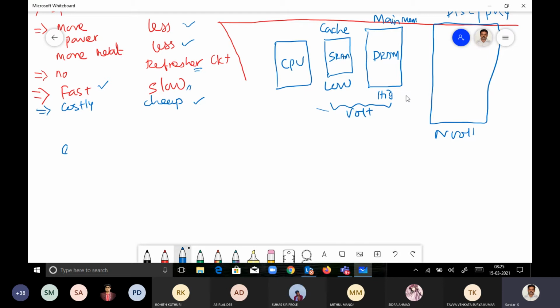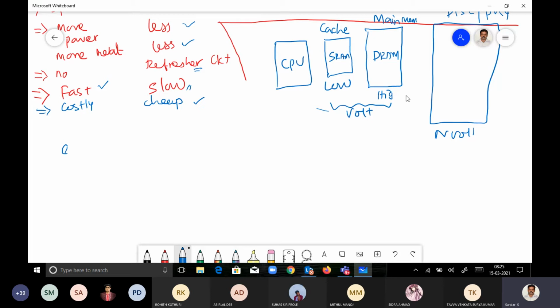Suppose that information is not in static RAM; the next step, the CPU will look in dynamic RAM. It will be somewhat slow compared to the previous case. Suppose that information is not available in dynamic RAM, then it will be a dead slow process because it has to go to physical memory, that is disk memory, and getting something from disk memory is time consuming, and this is what happens in computers.